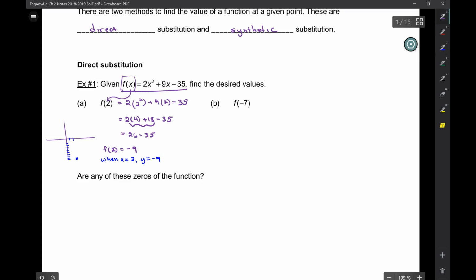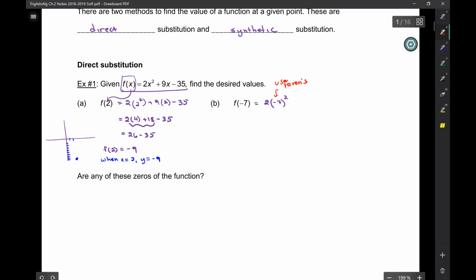All right, let's take a look at this other one. Here again, wherever we see an x, we're going to put a -7. So 2 times (-7) squared. Especially when I have a negative number, I use parentheses.